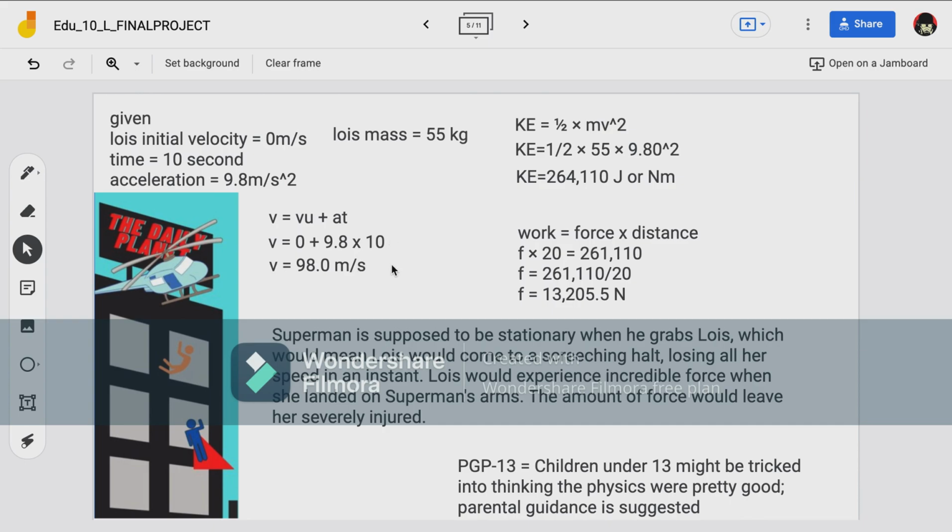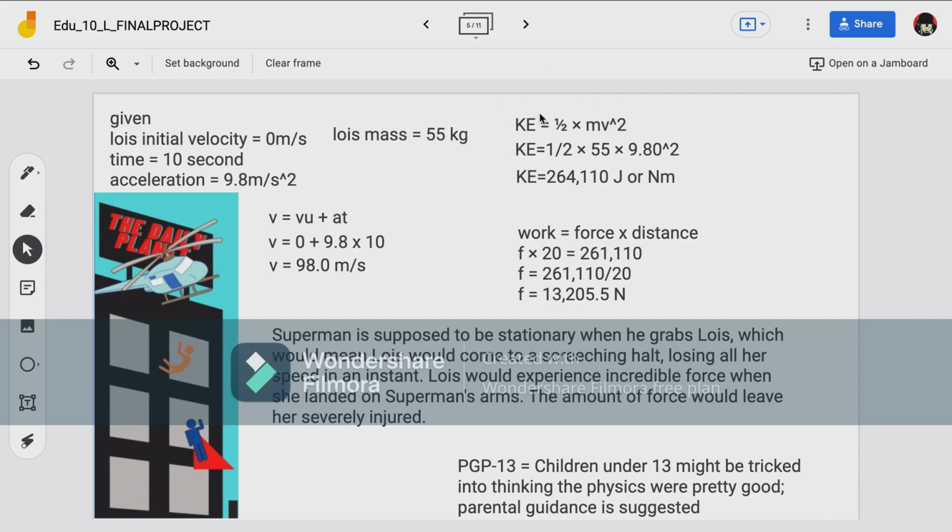After we got the velocity, we need to find its kinetic energy. First we need the mass, and the mass of Lois is 55 kilograms. The formula we use is KE equals 1 divided by 2 times mass times velocity to the power of 2.